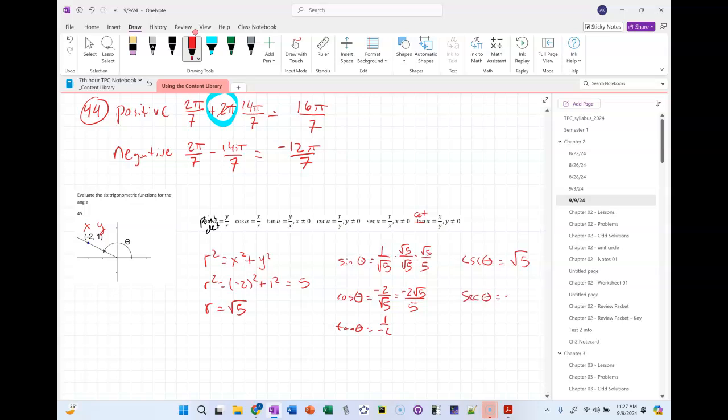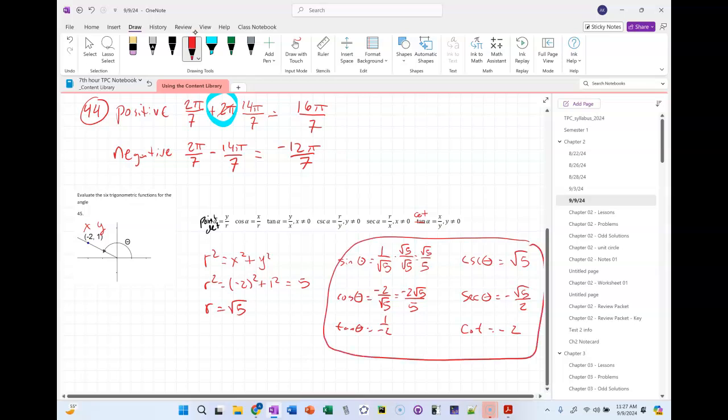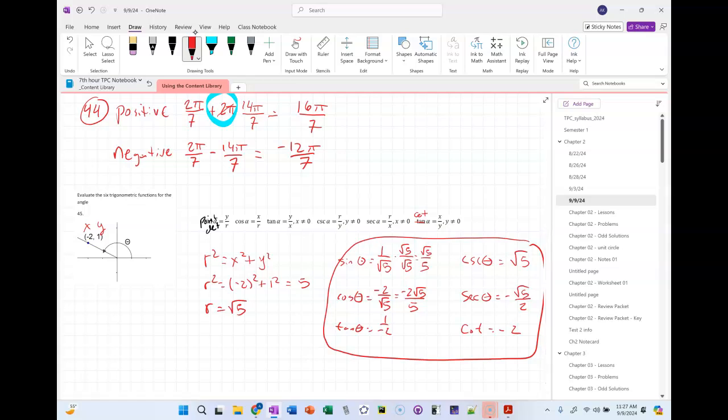Secant is the reciprocal of cosine. And cotangent is the reciprocal of tangent. So those are my 6 answers there. The key there was getting that point definition to fill in, and then remembering that r squared is x squared plus y squared. It's just the Pythagorean theorem.